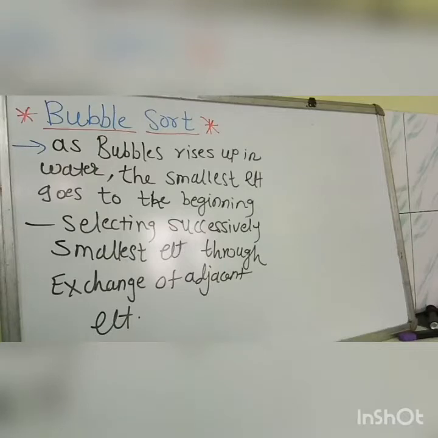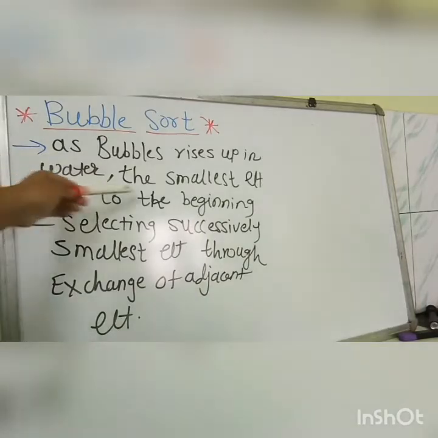In this video, we will see the next sorting technique, that is the bubble sort method. What is the basic mechanism or the key idea about the bubble sort? As bubbles rise up in the water, the smallest element rises.